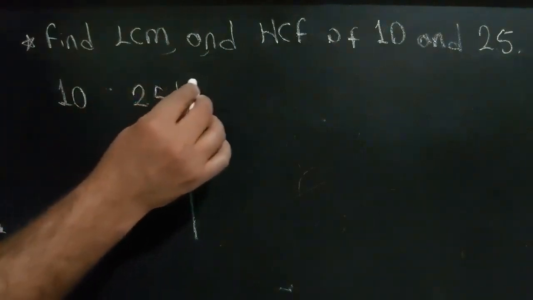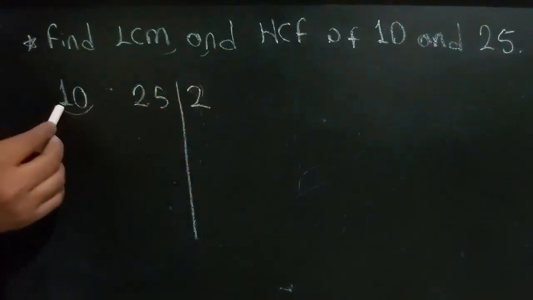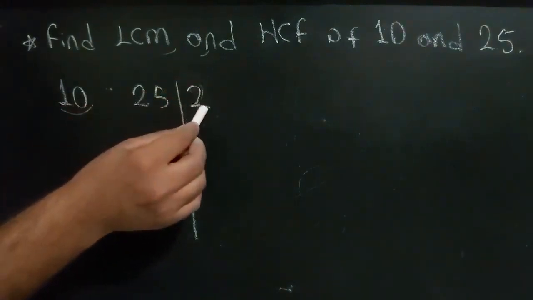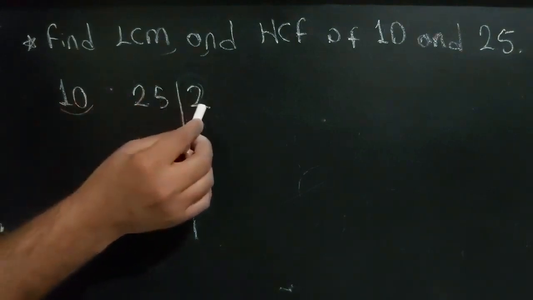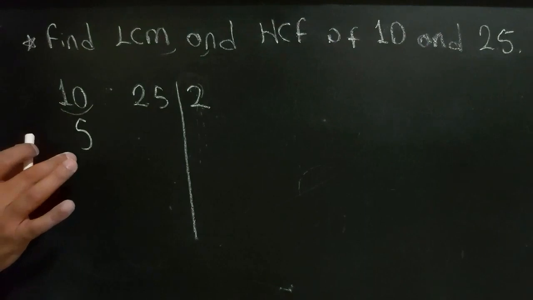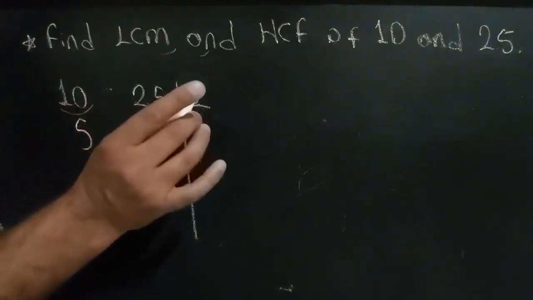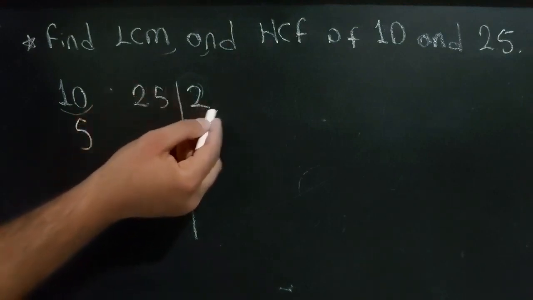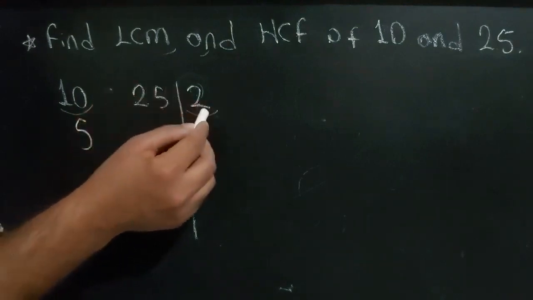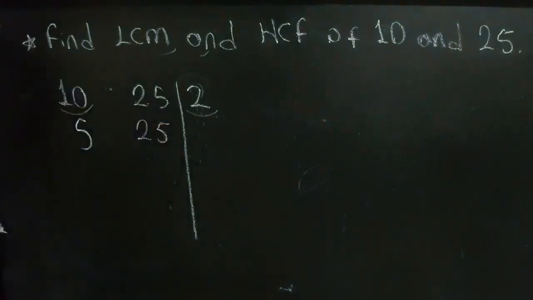So now 2, right there. Is 10 divisible by 2? Yes. 10 divided by 2 will be 5. All right, 5 is there. And is 25 divisible by 2? No. If it is not divisible by this, you write the number itself.